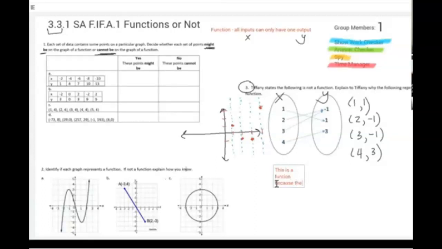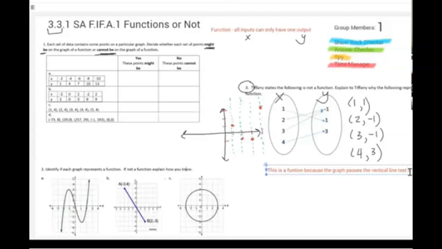Good. Anything to add, Caden? No, I'm just writing down notes because I'm like, okay, I gotta remember this. Okay. You're also gonna take a picture too. Yes. Okay. This is a function because the graph passes the vertical line test. Pretend like I spelt vertical correctly. Okay. You didn't see that. All right.